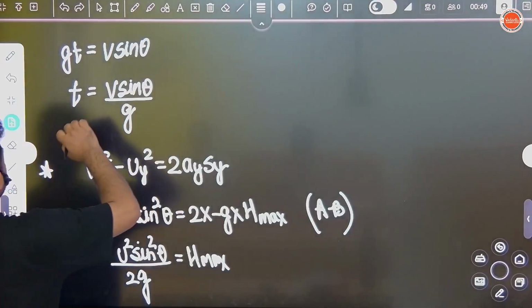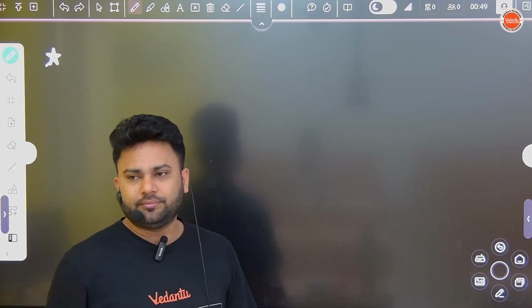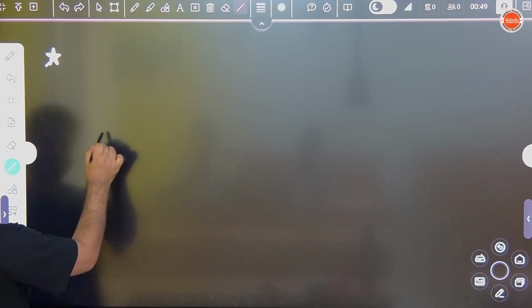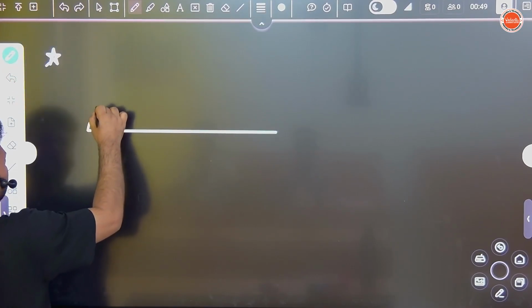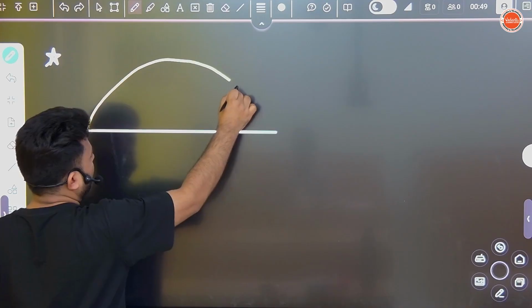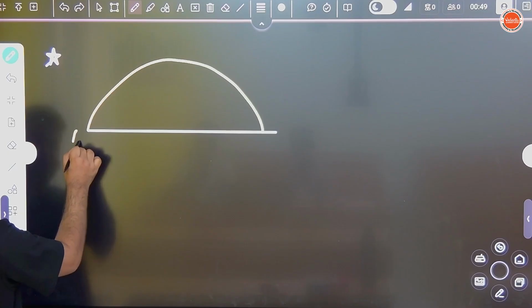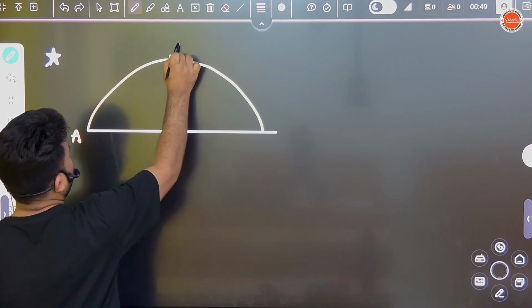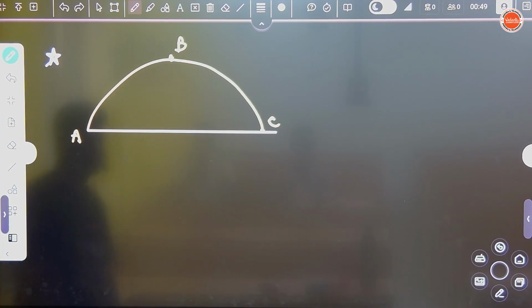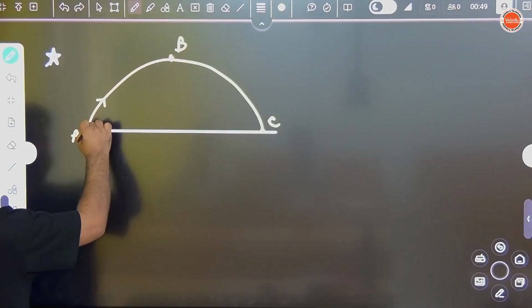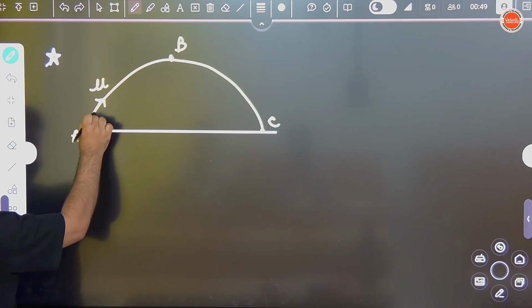See, important things. Always remember, if you are kicking one ball and it is going like this, this is A, this is point B, this is the topmost point, this is the point C. You have kicked the ball with V velocity or U velocity, making an angle theta with the horizontal.